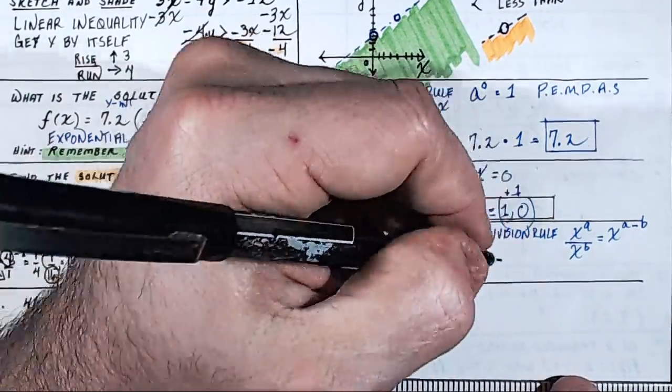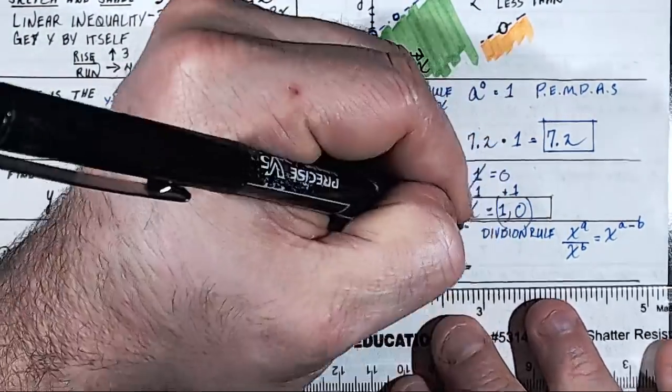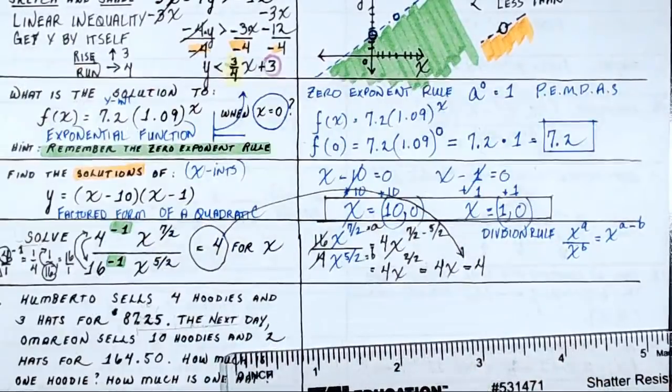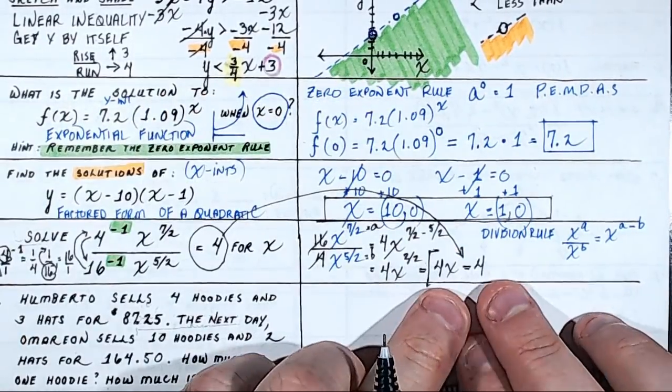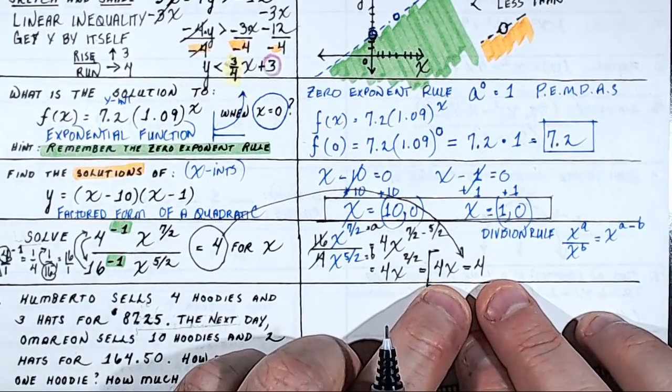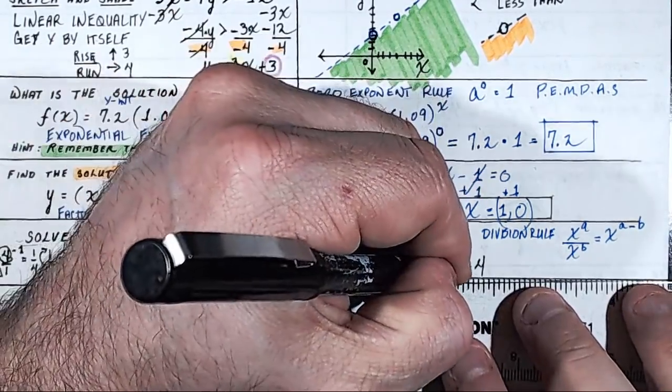Now we can bring in the equals 4 over here. So 4x equals 4. That's the problem I want to solve now. I just want to focus on this. I want to get x by itself, and to do that, I will divide both sides by 4.